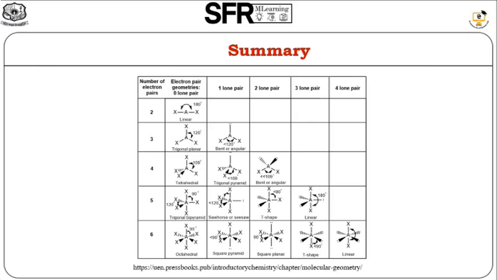The last one, steric number 6 with no lone pair, is octahedral with a bond angle of 90. With one lone pair, the geometry is square pyramidal. With 2 lone pairs, it is square planar. With 3 lone pairs, it is T-shaped. With 4 lone pairs, the geometry is linear.